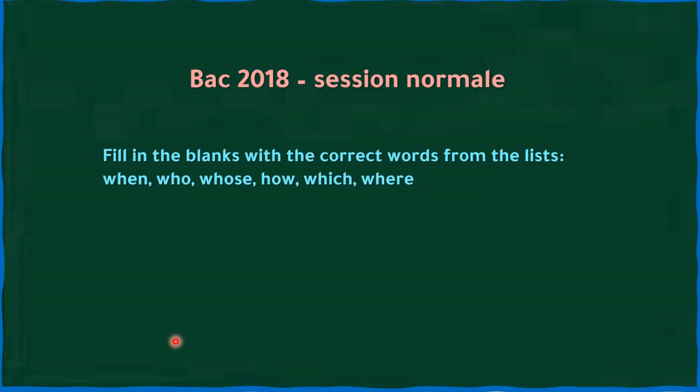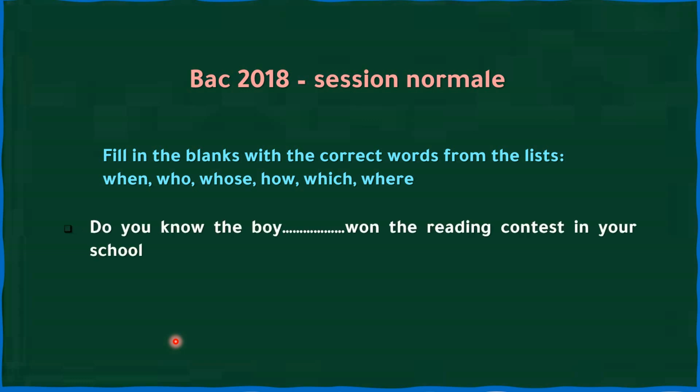The last one is extracted from the Baccalaureate of 2018 normal session. Fill in the blanks with the correct words from the lists: when, whose, how, which, where. The first sentence: do you know the boy won the reading contest in your school? What is the relative clause? Who. Great.